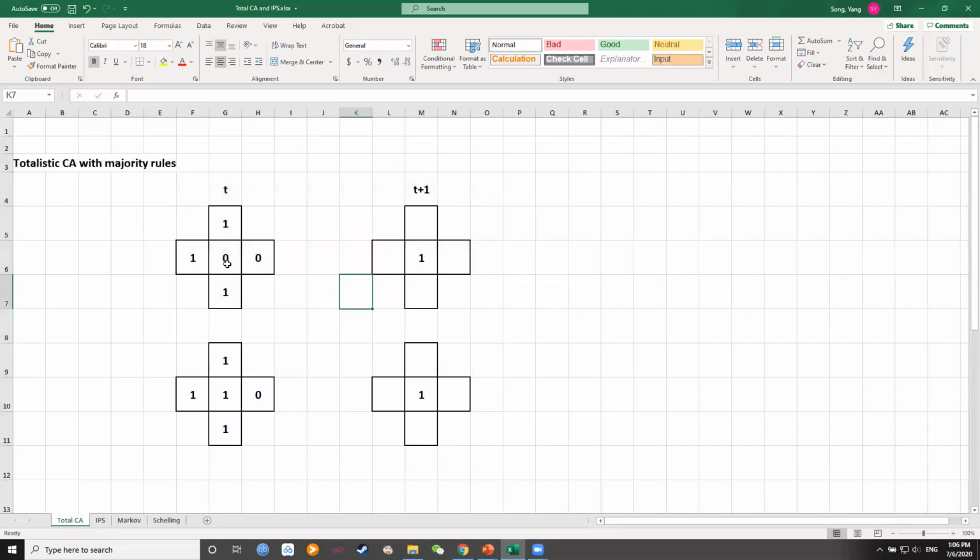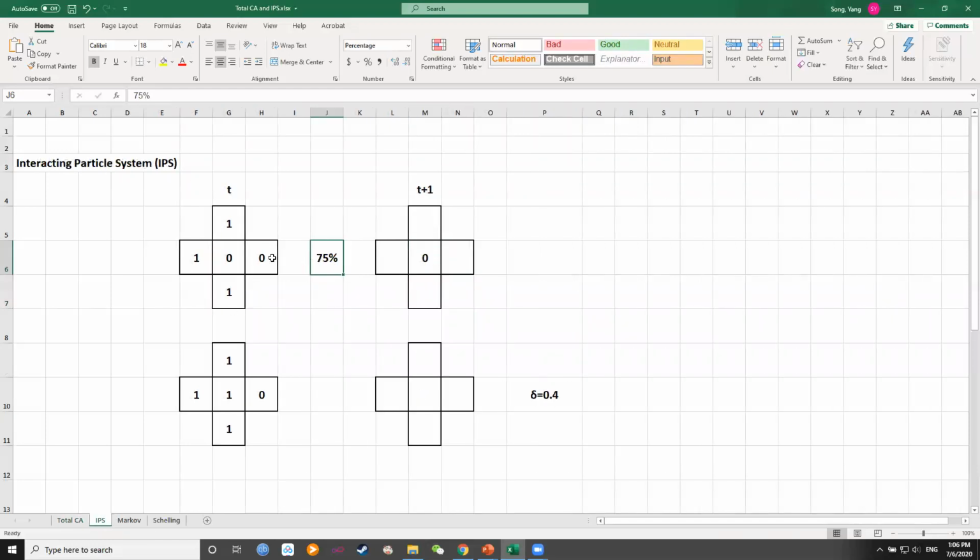In total CA, it will be 1 because it is simply decided by the majority of the neighborhood. It's 100% to be 1. But here, the state of the cell is decided by the proportion of occupied cells in its neighborhood, which is 75%.